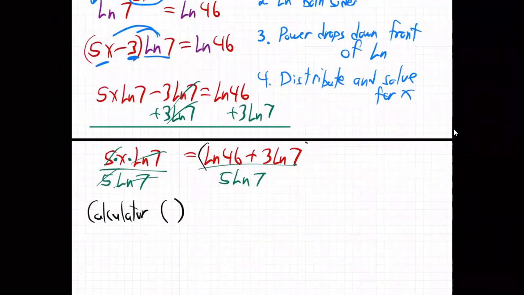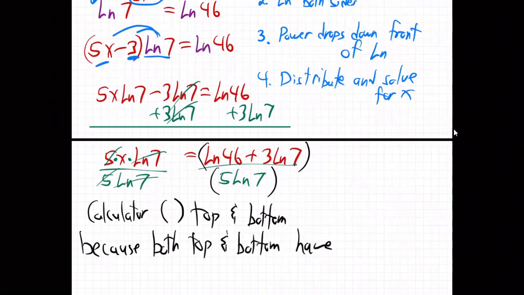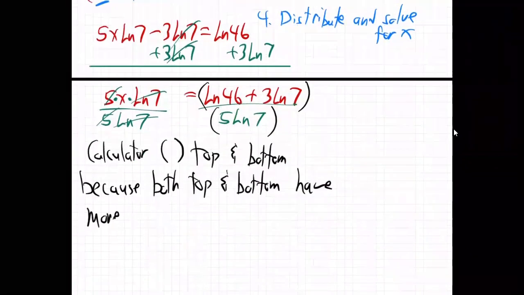You might put parentheses on the top and the bottom, because both top and bottom, numerator and denominator, have more than one item. The top has ln 46 and a 3 ln 7, which has three things. The bottom has a 5 and an ln 7.